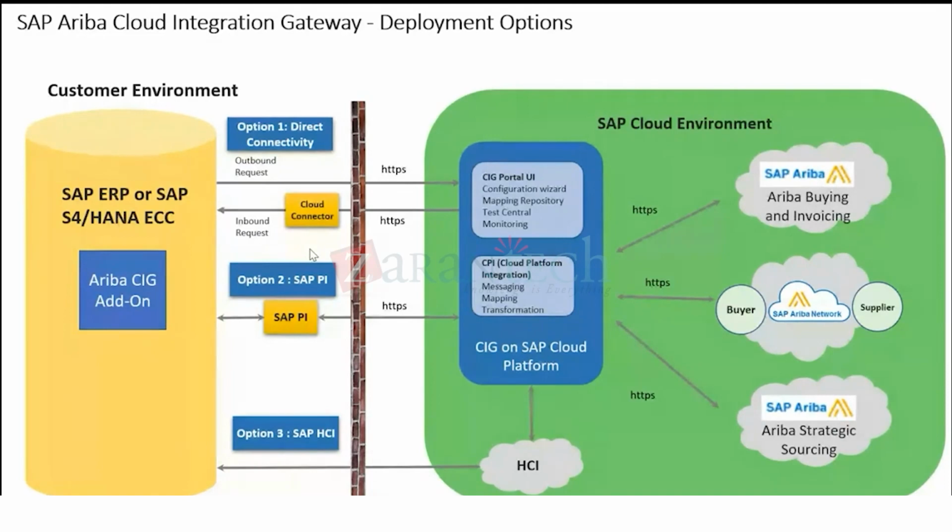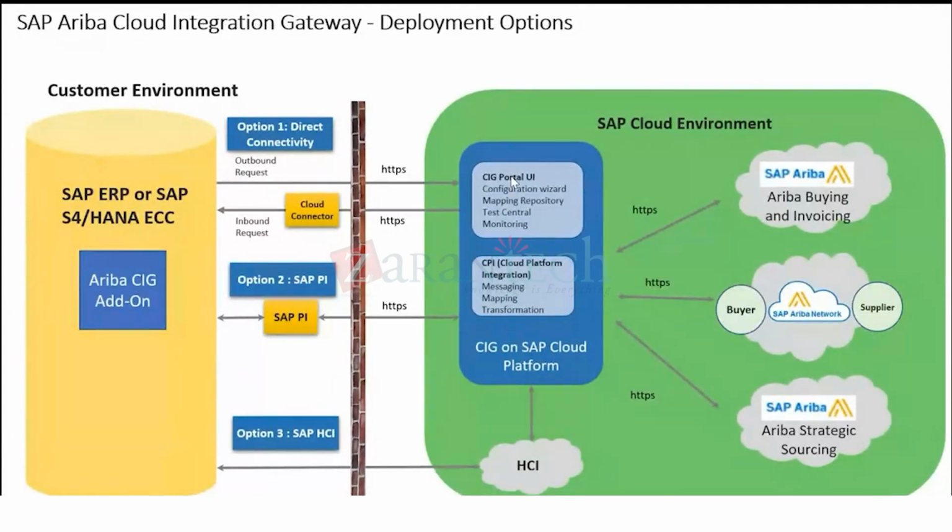These are inbuilt applications, so there is no need to worry about their security, because they are tightly coupled, there is no such security threat, and they can be easily integrated. So you have to only worry about this ERP to Ariba CIG connection. In that case, the first option is direct connectivity, in which you have Ariba CIG coming in between your ERP system and Ariba system.